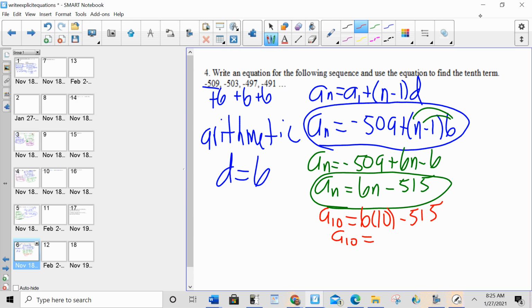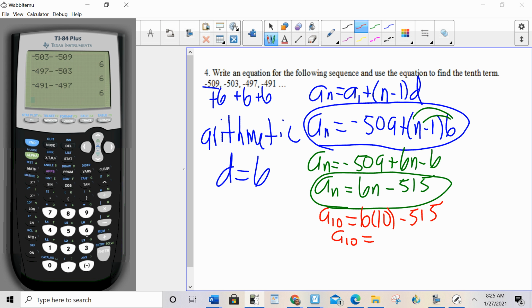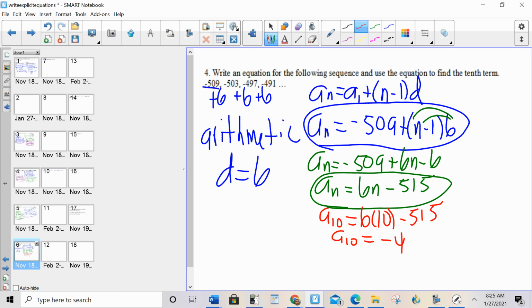But let's just use the calculator to be sure. I'm kind of tired. I don't want to let my tiredness cause me to get this question wrong. 6 times 10 minus 515, negative 455. And that's it.